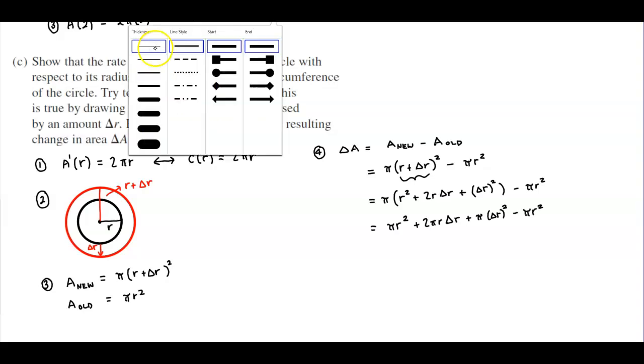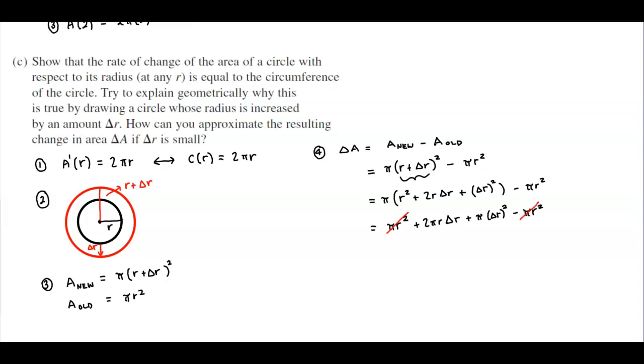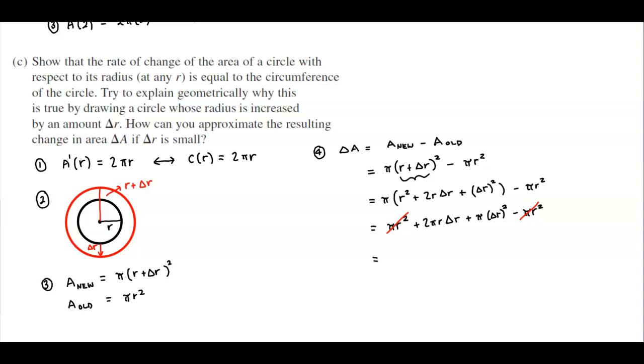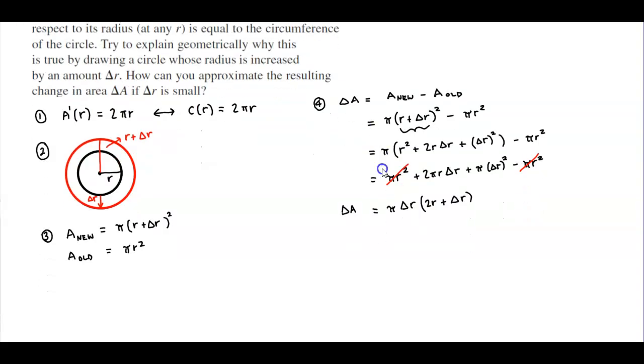And so we can see from here that we can eliminate the pi r squareds. What's left is we can factor out what they have in common. We can factor out a pi, and we can also factor out a change in r. So what's left is 2r plus the change in r. So that represents the change in A, or the area.